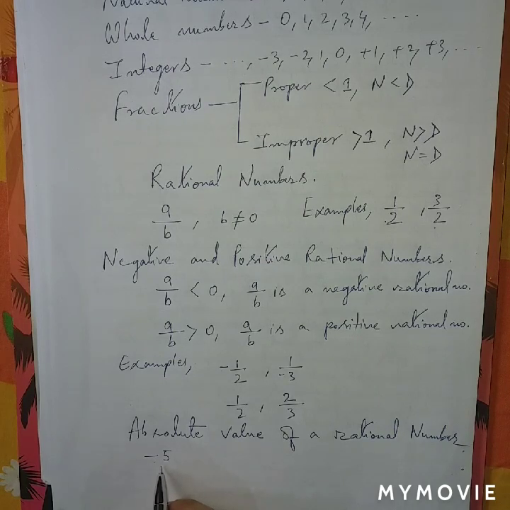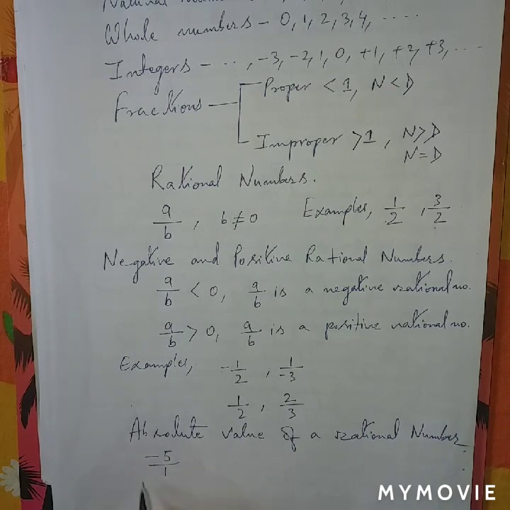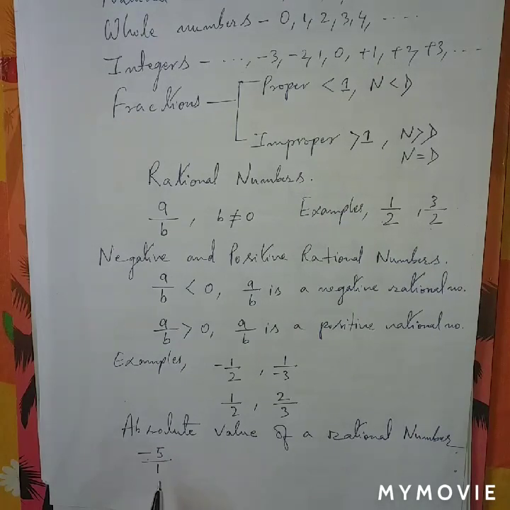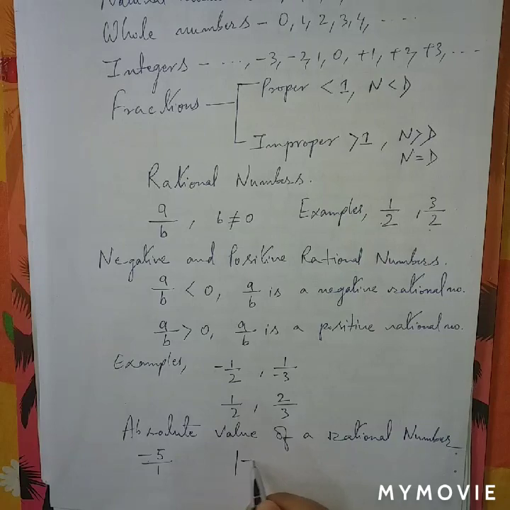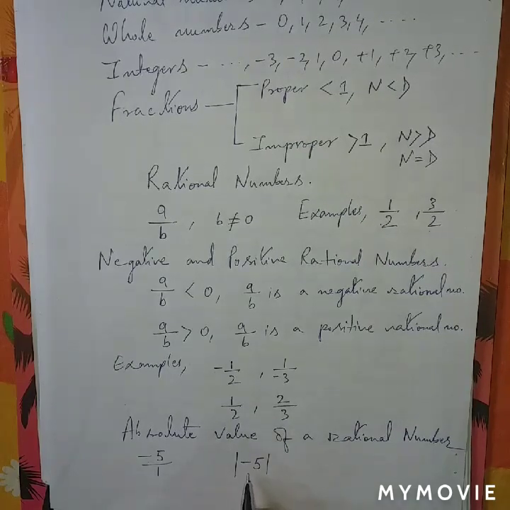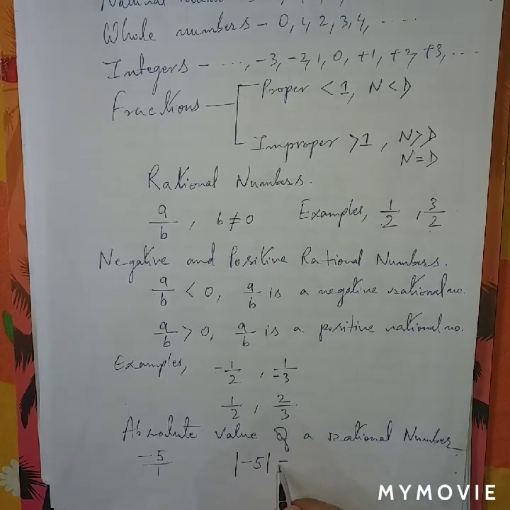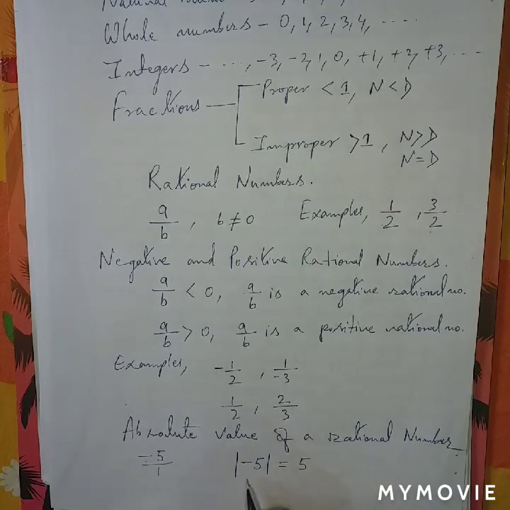If we put 1 here, it gives a by b form, and the value also doesn't change. So absolute value of minus 5 we write this way: mod minus 5, and it will be equal to 5. The negative number becomes a positive number, isn't it? So the sign has no meaning here.